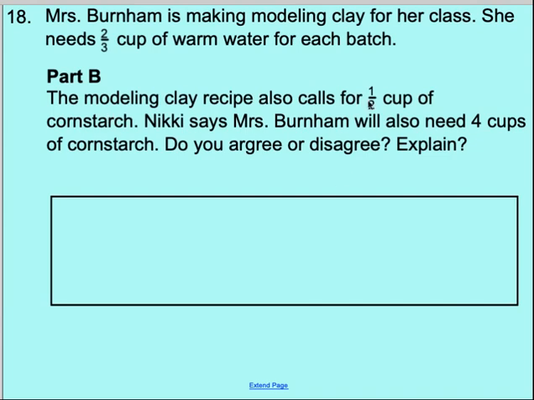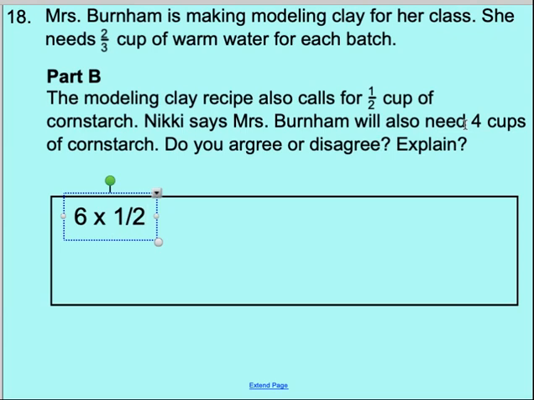We've got 1/2 cup of cornstarch needed, and Nikki says she's going to need 4 cups of cornstarch for those 6 batches, right? So basically 6 times 1/2. Now, is 6 times 1/2 the same as 4?